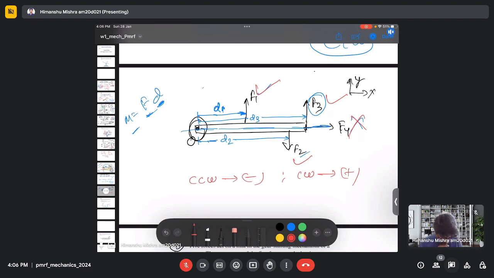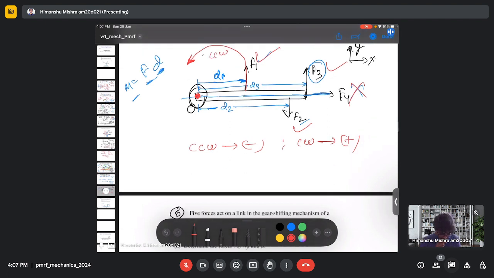Now you need to find the moment about point O. Just imagine the moment: the force F1 is rotating towards O, and you see this is the counterclockwise direction. So what happens when you write the summation of moments?